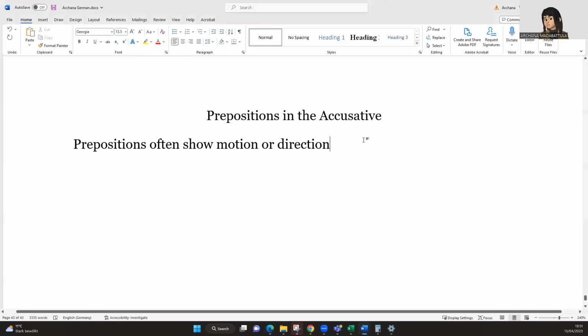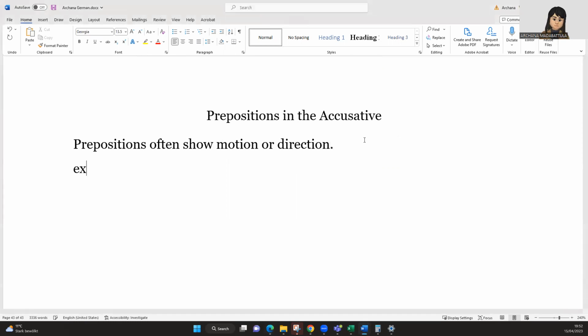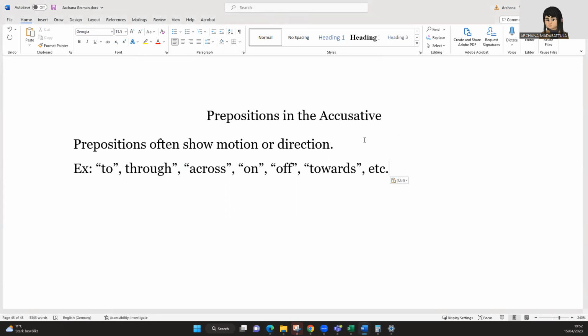Others show relationships like by, despite, instead of, and without.